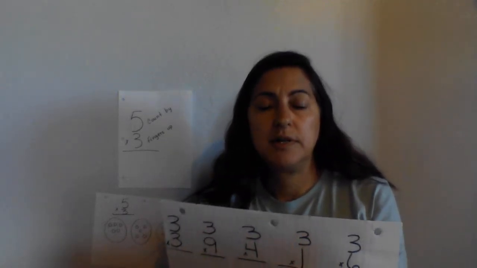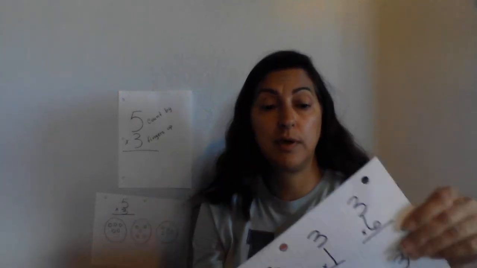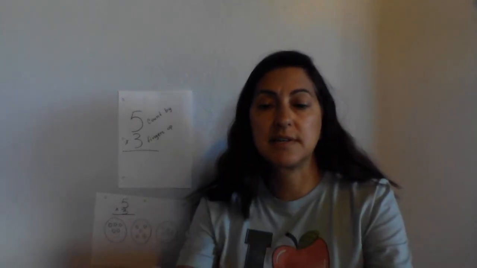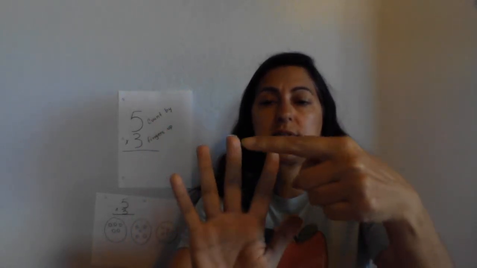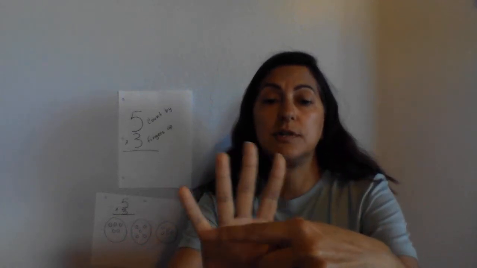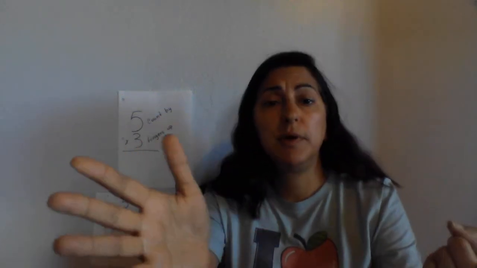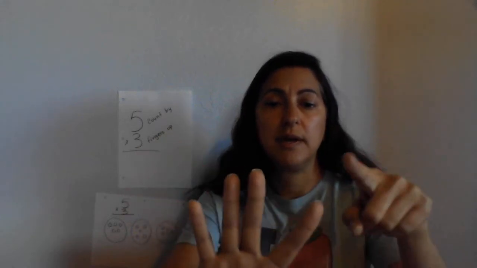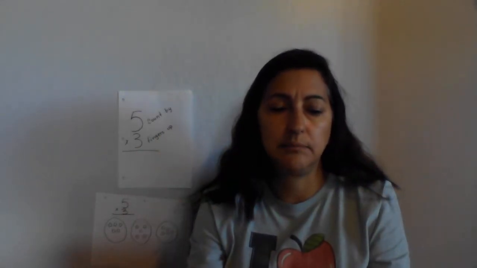Okay, 3 times 1. 1 finger up. 1, 2, 3. 3 times 6. 6 fingers up. 1, 2, 3, 4, 5, 6, 7, 8, 9, 10, 11, 12, 13, 14, 15, 16, 17, 18. And as you get better at it, you will be able to stop counting those segments and just go 3, 6, 9, 12, 15, 18.